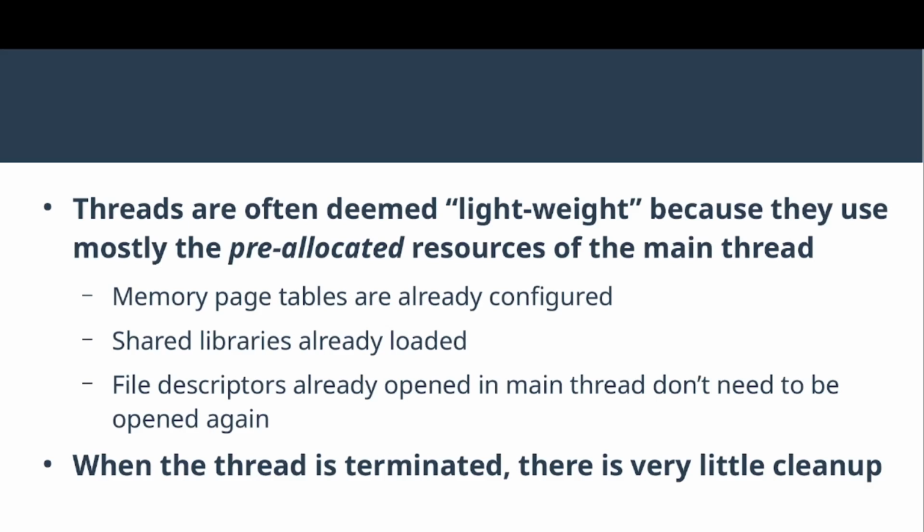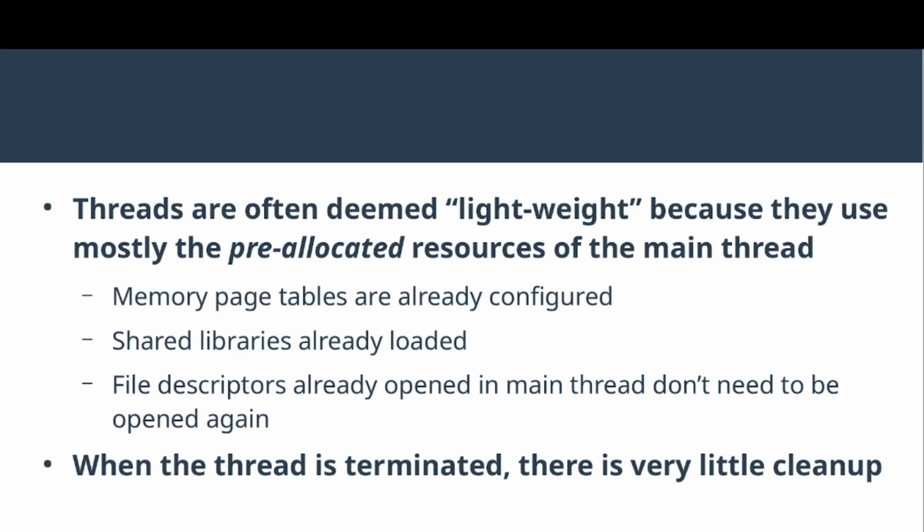So what we're really saying here is that you have a process. When you create a process, you allocate certain memory to it. The process does a lot of configuration, or rather the kernel does a lot of configuration for that process. And now that the process is running and you're creating threads inside of it, the only thing the kernel really needs to do when you create a new thread is allocate stack memory for it and schedule it.